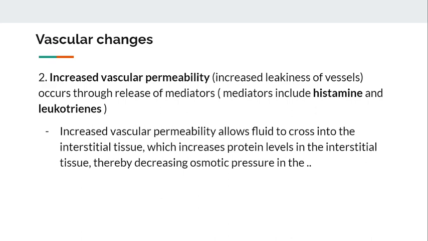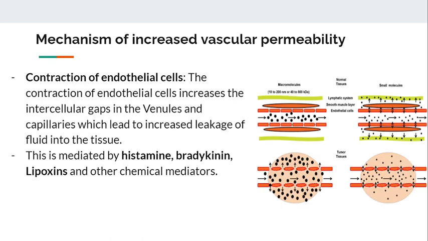The mediators which lead to increased permeability include histamine as well as leukotrienes. When talking about inflammation, histamine should never miss in your statement, because histamine is an inflammatory mediator. It's always there doing its duty.